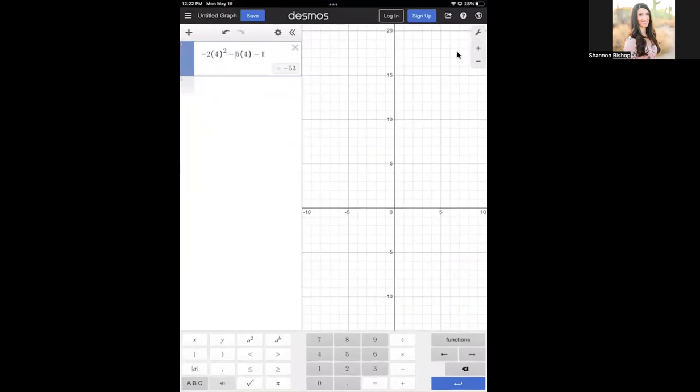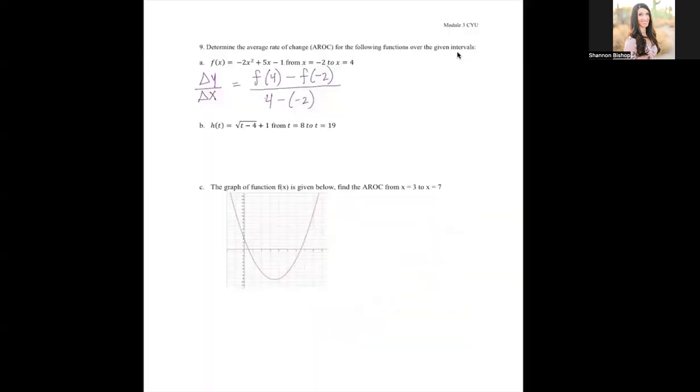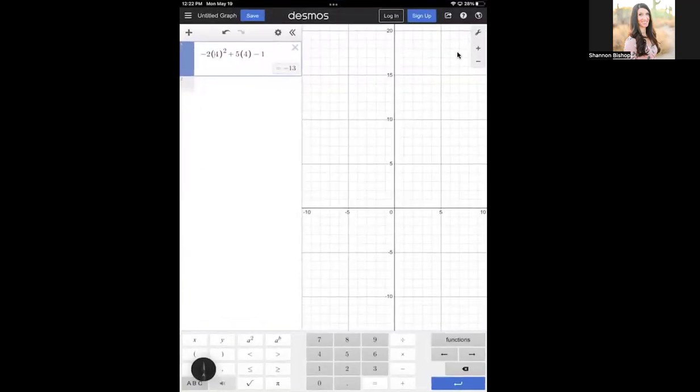Plus 5x, and then -1. Okay, there we go. So the function value at 4 is -13. So that's going to be this first numerator value, -13 for the output, minus whatever the function value is at -2. So the function value at -2 is -19.